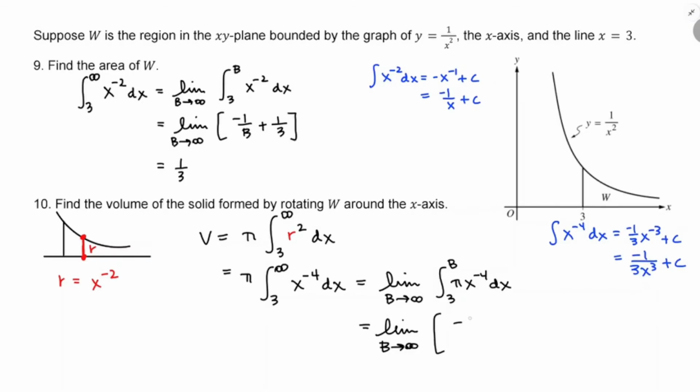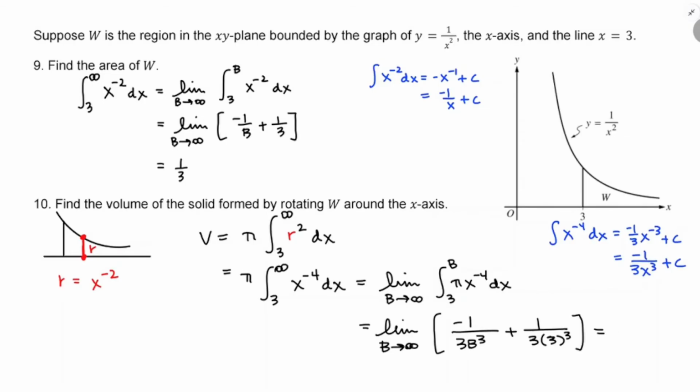Be negative 1 over 3b cubed minus negative 1 over 3 times 3 cubed, so that'll be 3 to the 4. Okay, so that's going to be, first fraction goes to 0, that'll be 1 over 81.